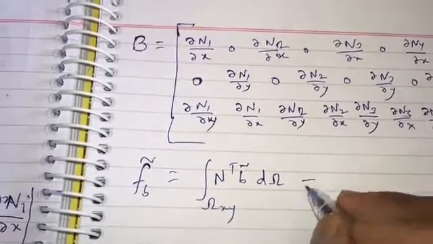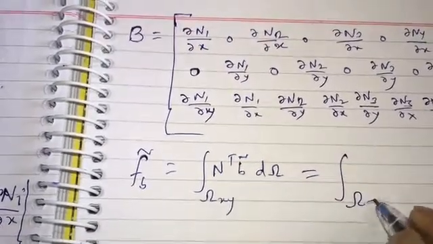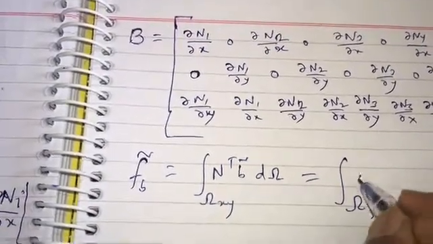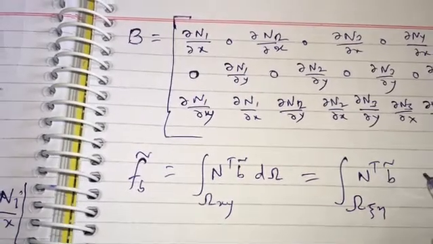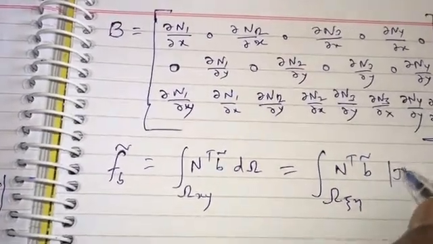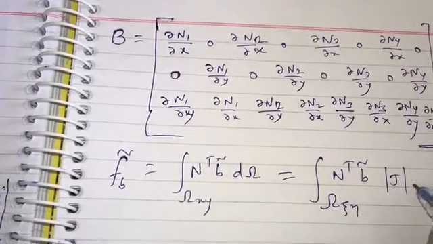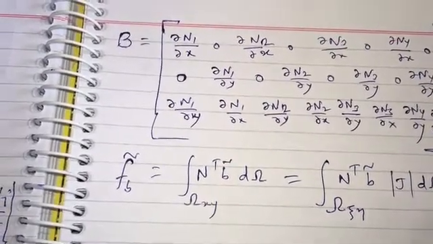So hence F B is equal to the integral of N transpose b, and then we have the determinant of j and d omega.